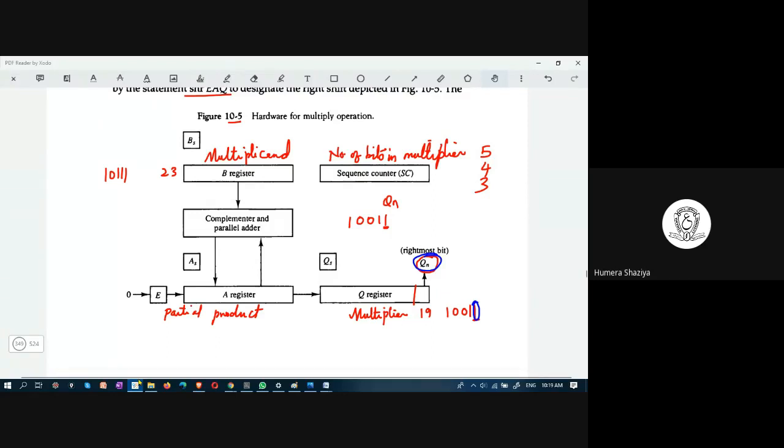After you shift, the Qn bit may change, and may become 1 or 0 next time. Initially it is 1 here.